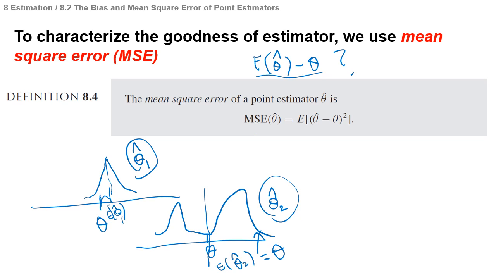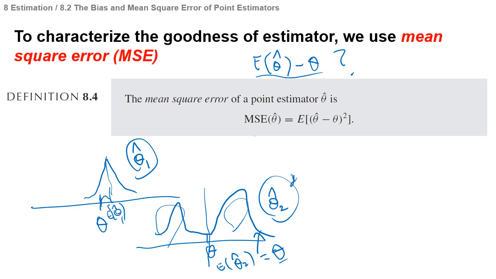However, for theta 2 hat, most of the time it's smaller than theta or sometimes greater than theta, but on average, the expected value of theta 2 hat is theta. Which one is better? In the unbiased concept, this one is unbiased, but it is not better than the first one in mean square error concepts.